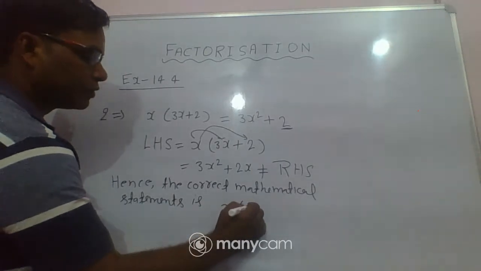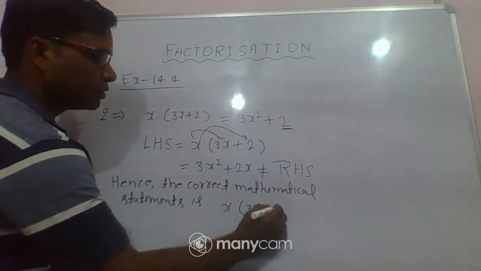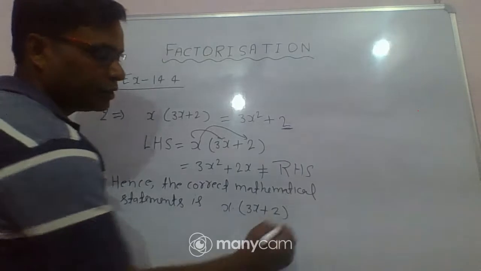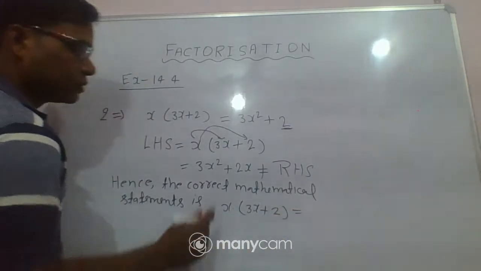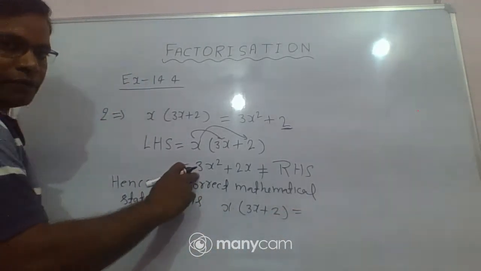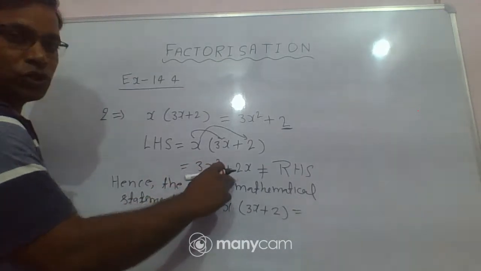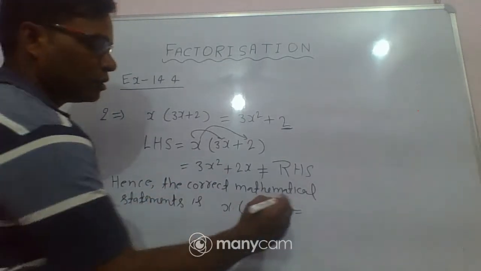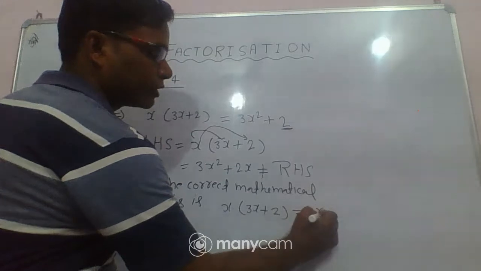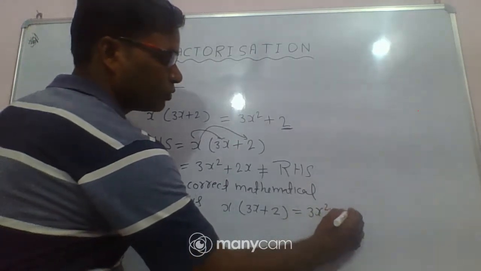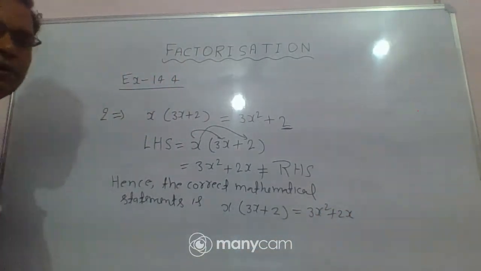this is our left hand side, x into 3x plus 2. This is equal to, we solve it and find the right hand side, 3x square plus 2x.